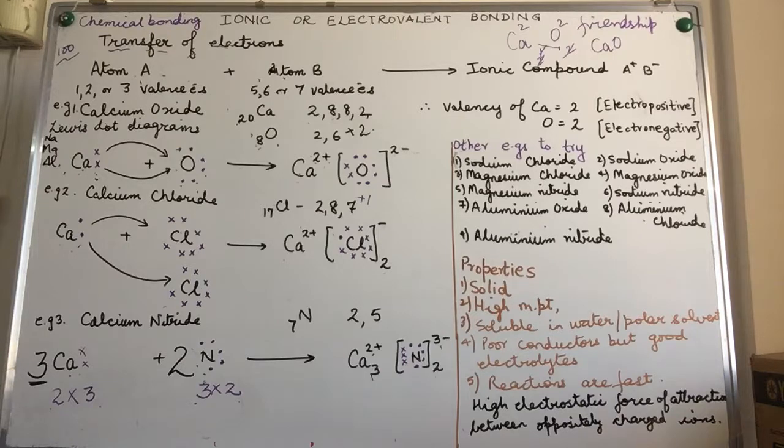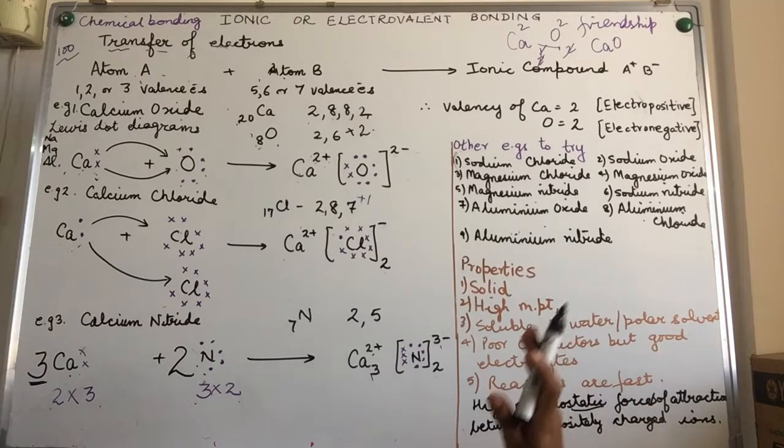Now if you notice over here, you are getting positively and negatively charged species. We discussed at the beginning of the lesson that there are strong electrostatic forces of attraction between oppositely charged ions. Breaking it up, electro means coming from electron. Static means which is not moving.